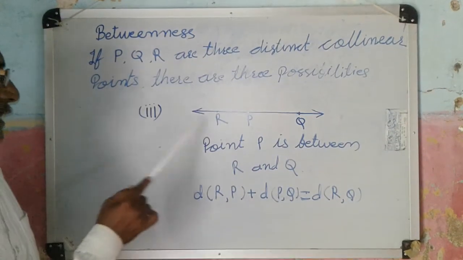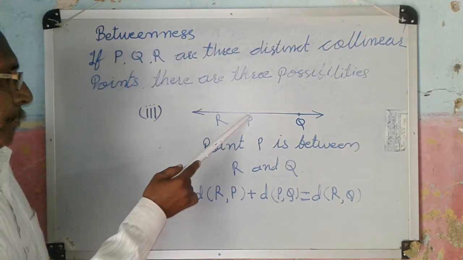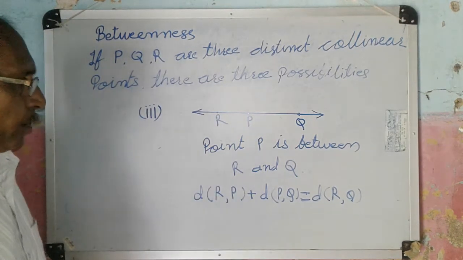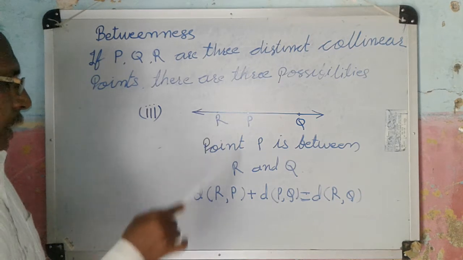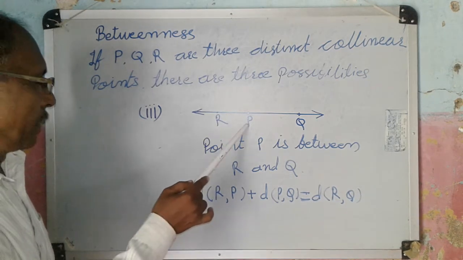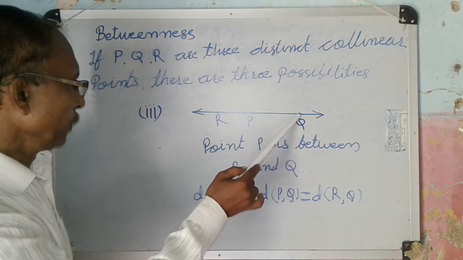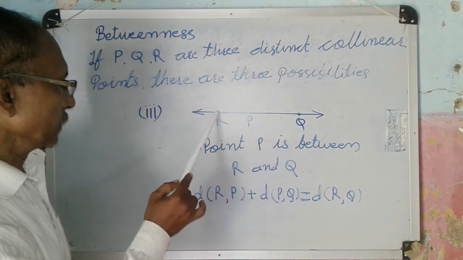Now in possibility 3, point P is between R and Q. So here this relation can be written like this: distance of RP plus distance of PQ is equal to distance of RQ.